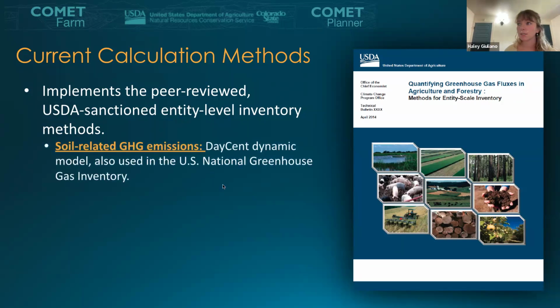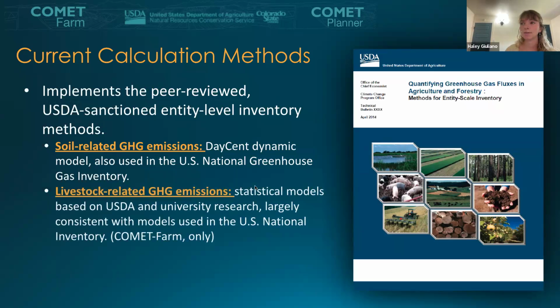Soil-related emissions are going to be estimated using the DayCent model. In September of 2022, we switched from the 20 centimeter to the 30 centimeter DayCent model, as well as using DayCent to assess direct N2O. DayCent will only be used in your cropland, pasture, range, orchard, and vineyard accounting, and we'll be looking at cropland today.